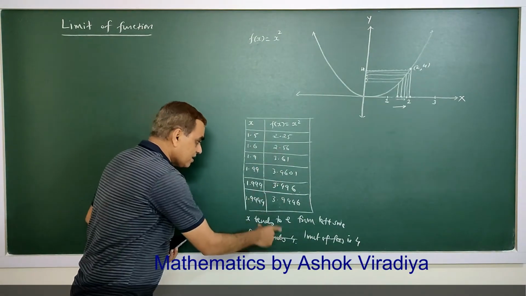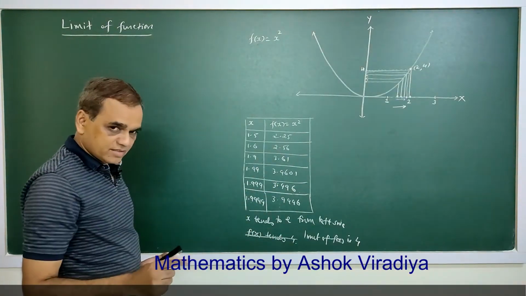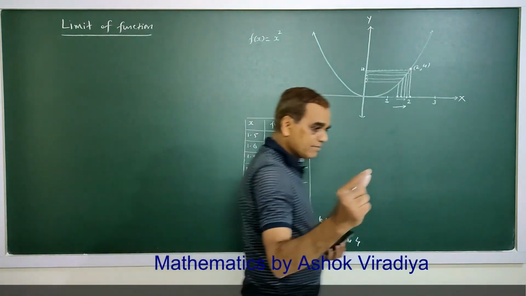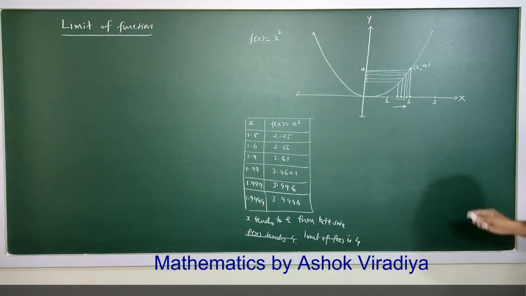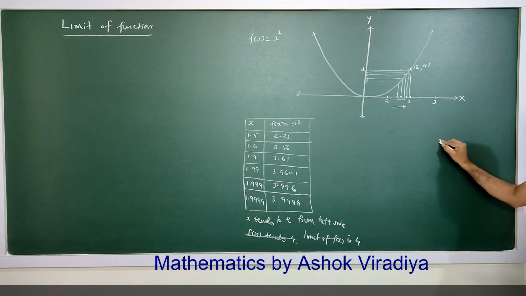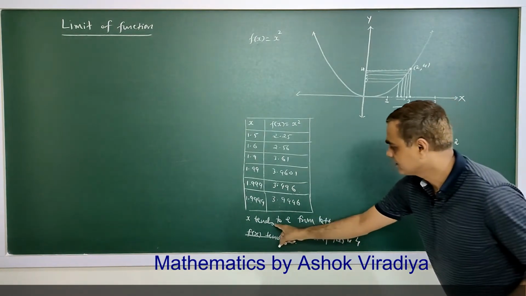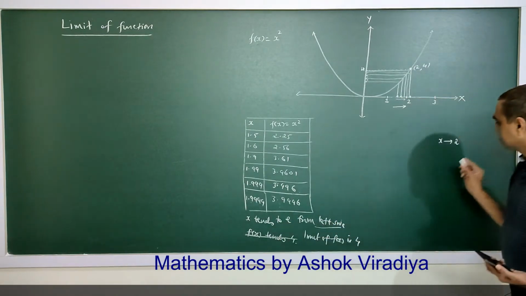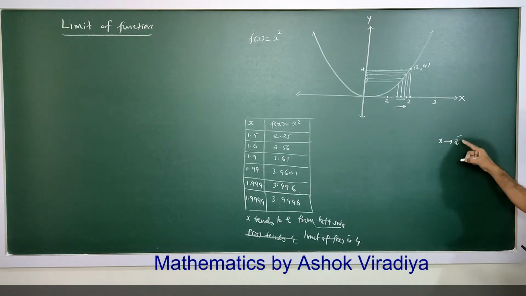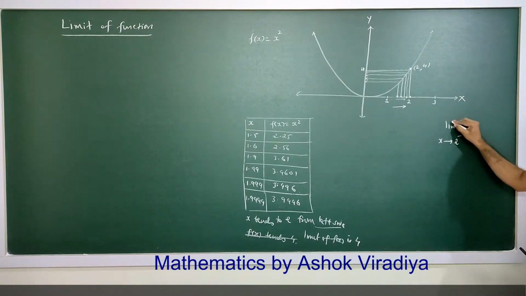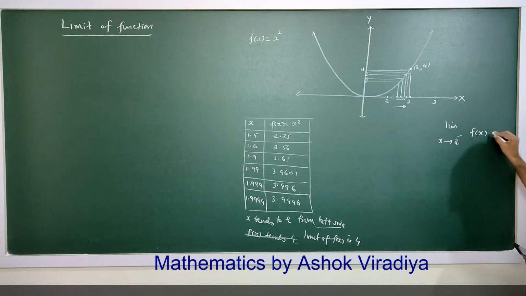This can be written in symbolic way as x tends to 2, from which side? From left side. So use this notation, x tends to 2 from left side, limit of f(x) equal to 4.